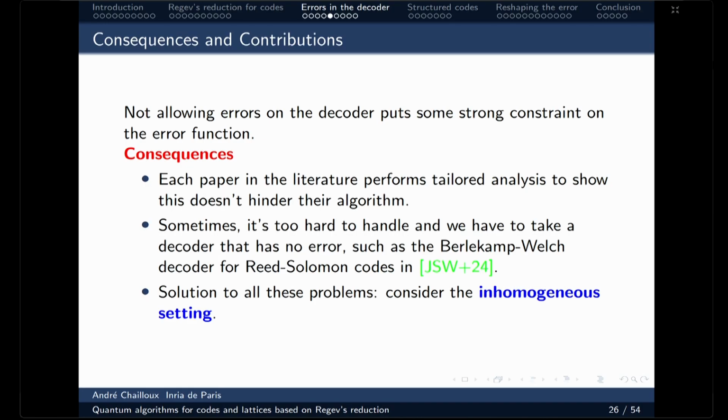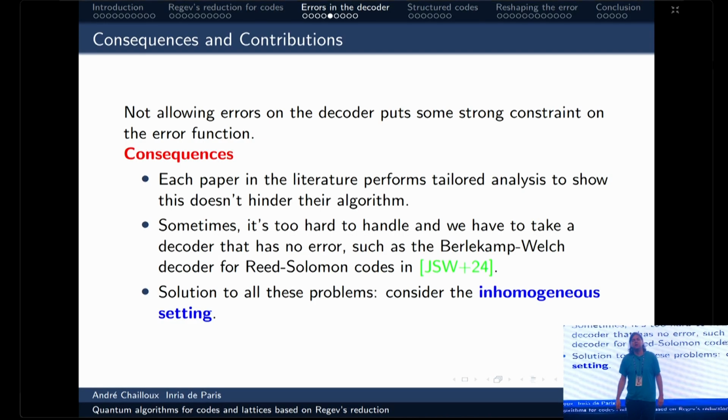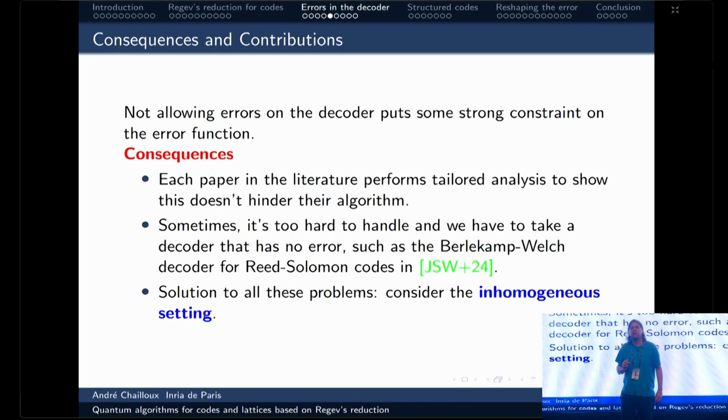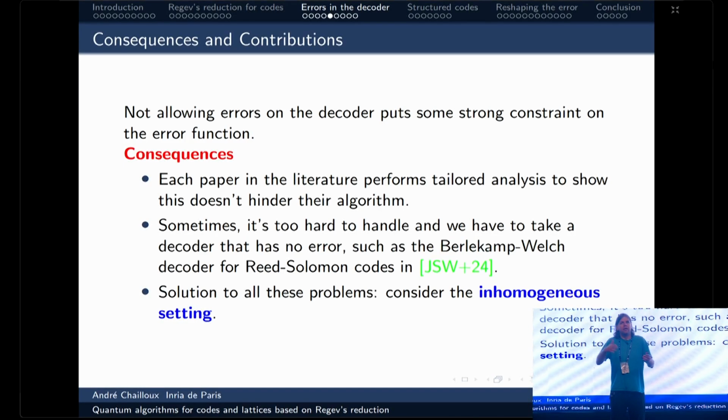Not allowing errors in the decoders puts a strong constraint on the error function. Let's say you have a code and it has a minimal distance d, the minimal distance between two code words. If you want your algorithm to work perfectly, the error must be at most d over 2, or d over 2 minus 1, something like that.